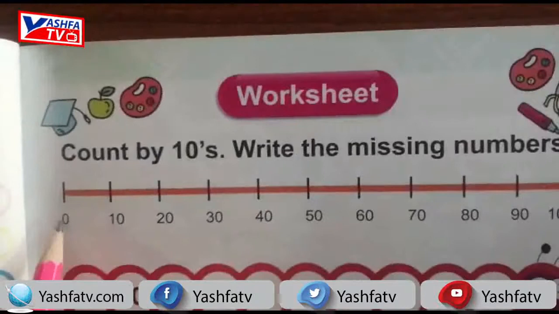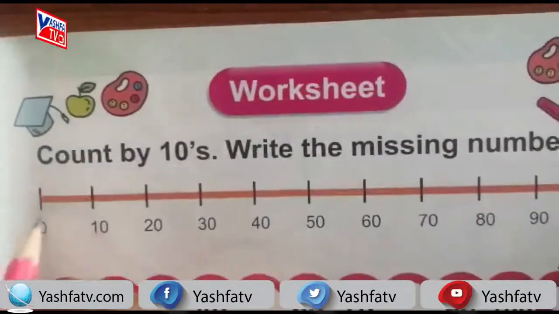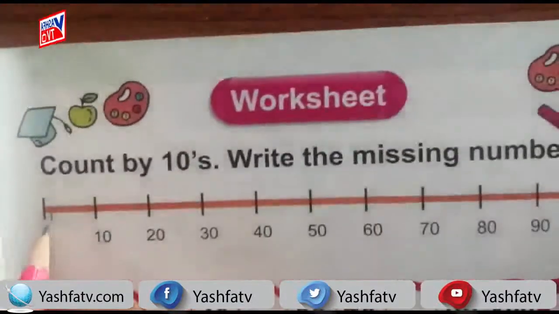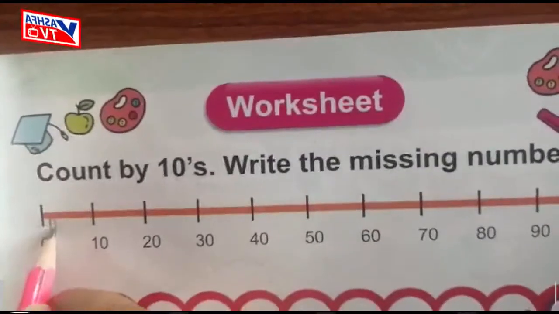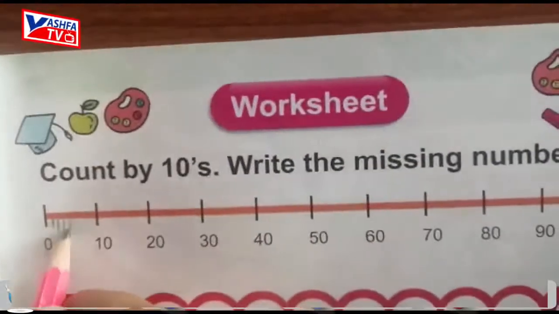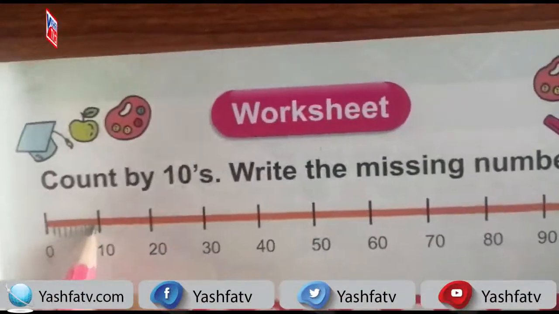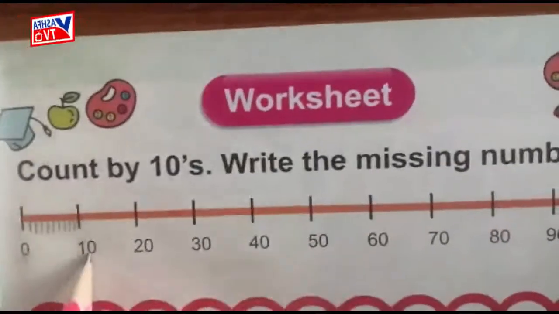So look at the students. Here 0 to 10. It means that there are 9 numbers between 0 to 10. After 0 there is a 1, 2, 3, 4, 5, 6, 7, 8, 9 and 10. It means it's count by 10.